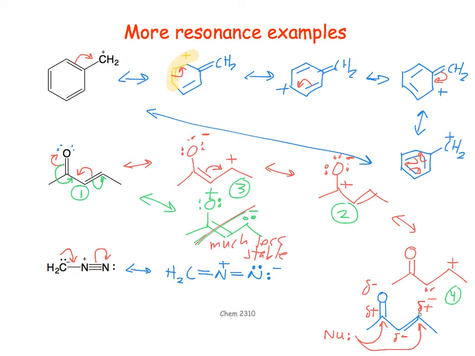Okay, so we could do some other things as well. I'm going to do this. I'm going to just take these pi electrons and move them over onto this nitrogen. I'm going to move them toward the plus.